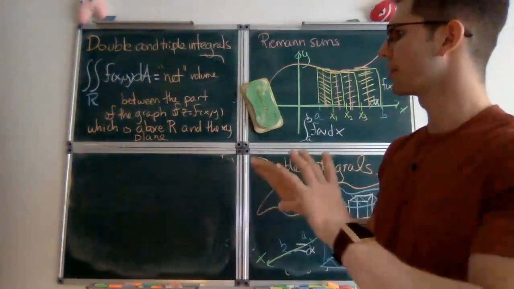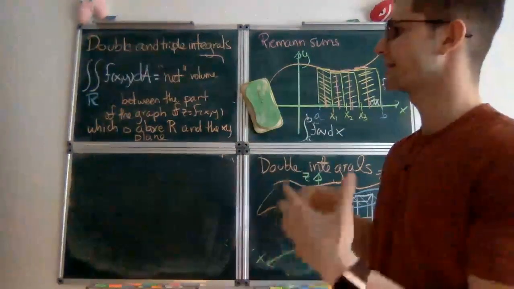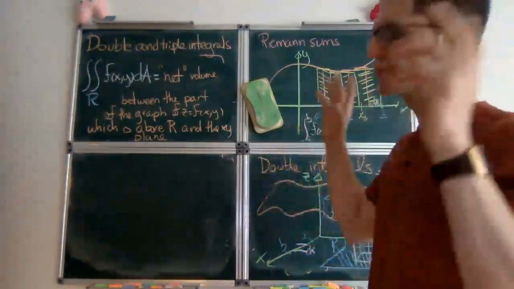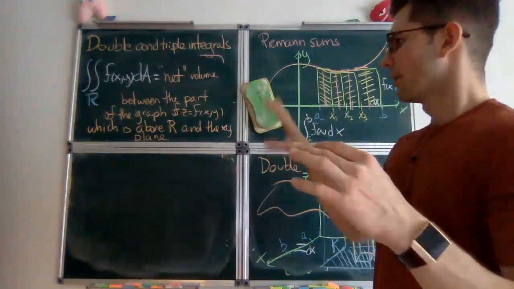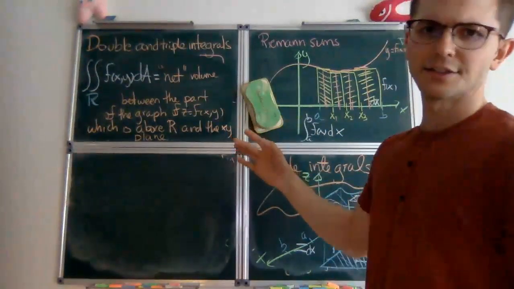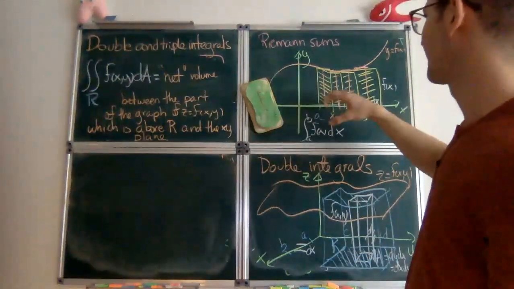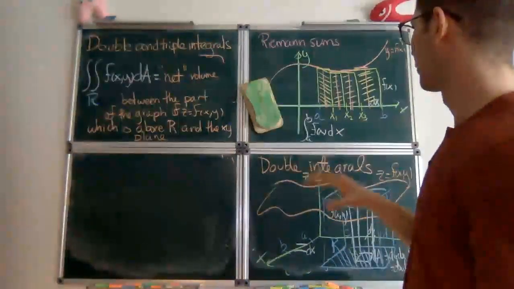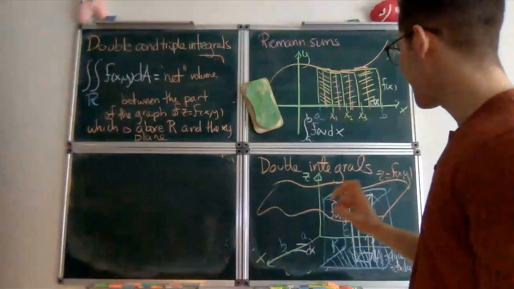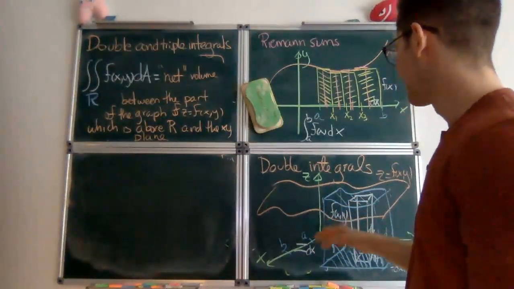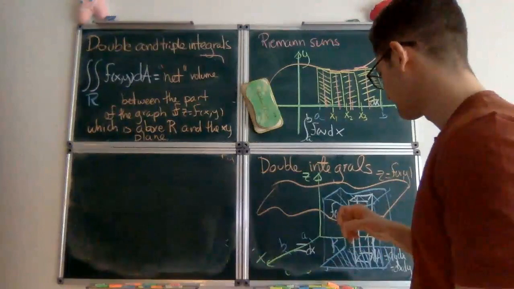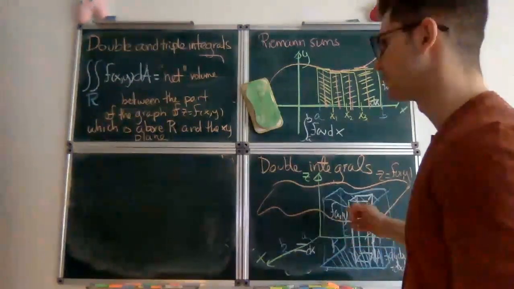Basically, you have to ask then, really, how would you define it? Right? And the idea is to follow the approach from before. So before you were approximating the area with these rectangles, and now what you would like to do is approximate the volume with these boxes.